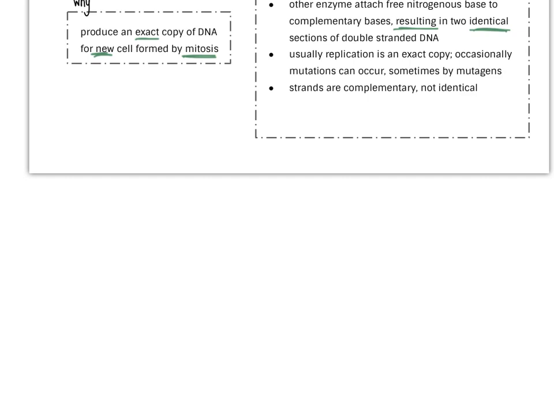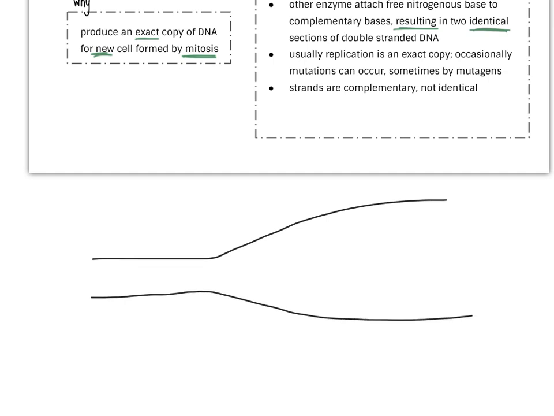So let's say this is our DNA. Right here, this is our normal DNA. It's living its life. It's still bound together, so we still have our bases bonded by the weak hydrogen bonds. But something is coming: an enzyme called helicase is going to come and rip those bonds apart so that they just look like this.